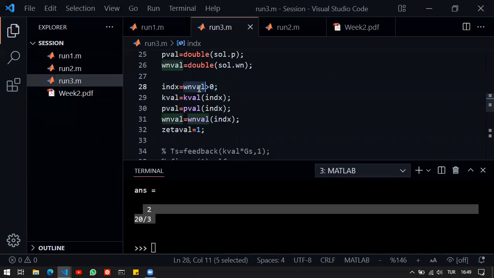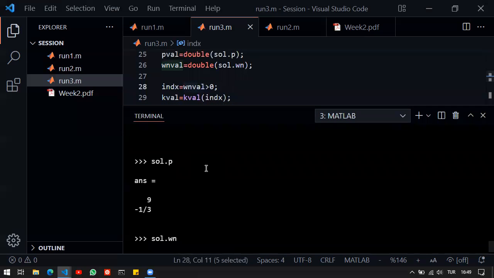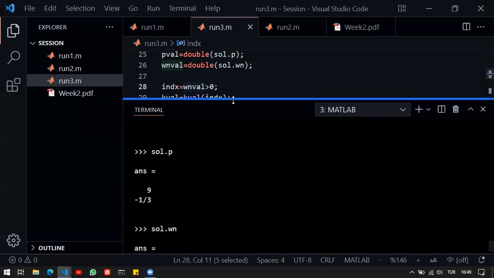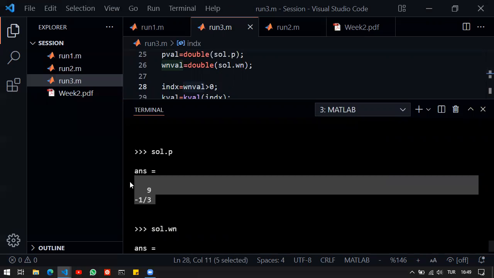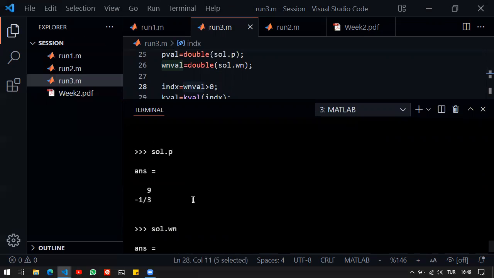And since this is satisfied for all the possible solutions, we have basically two solutions here. But this doesn't mean that both of them are meaningful for us or are usable, because you can see that p is equal to minus a third and then also equal to 9. So we don't prefer this negative one because this is an unstable closed loop.